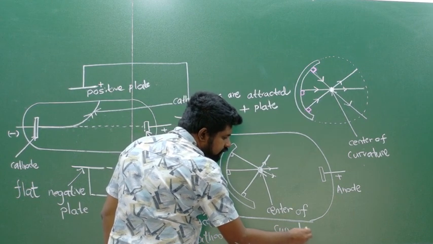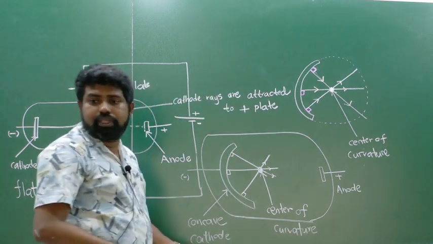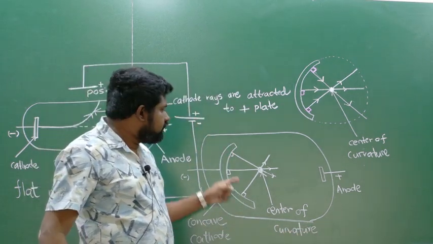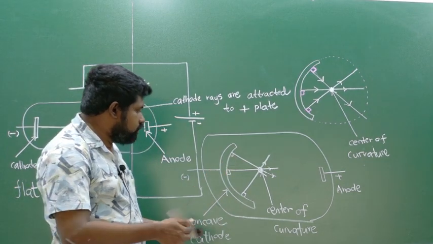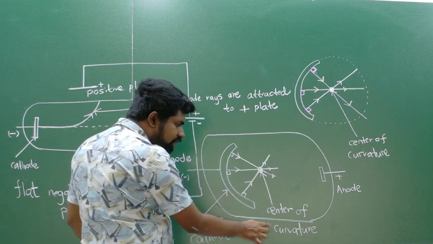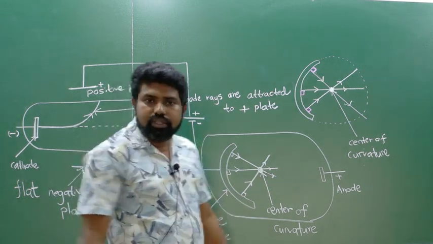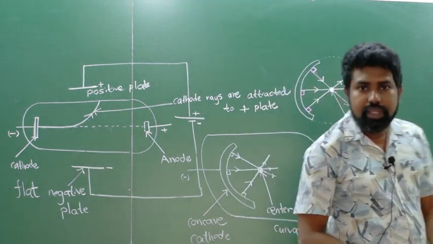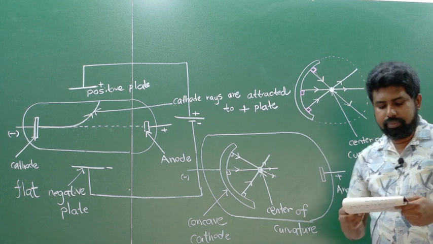So after Thomson made this observation, he concluded that in order for the cathode rays to get converged at the center of curvature, they should be originated perpendicular to the surface of the cathode. Okay, write down.